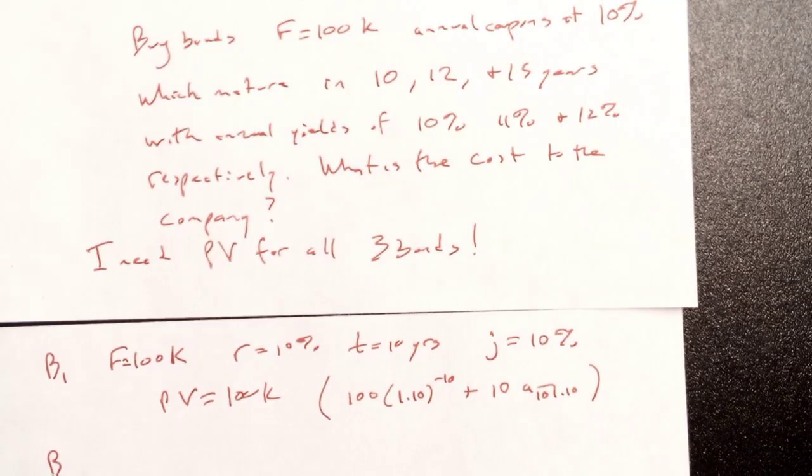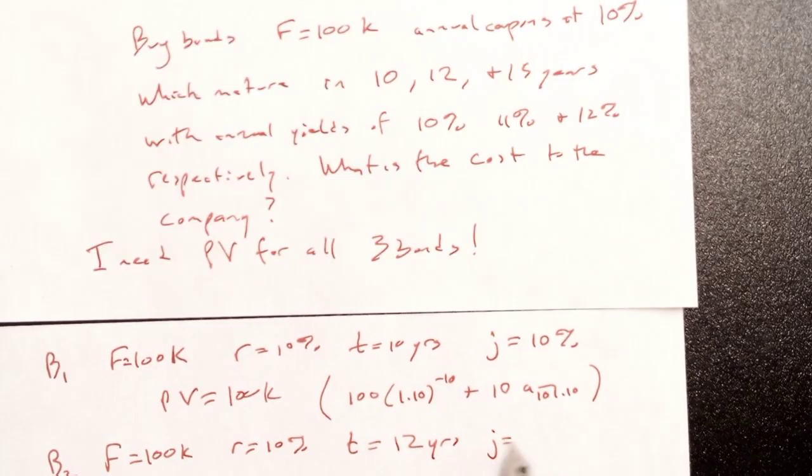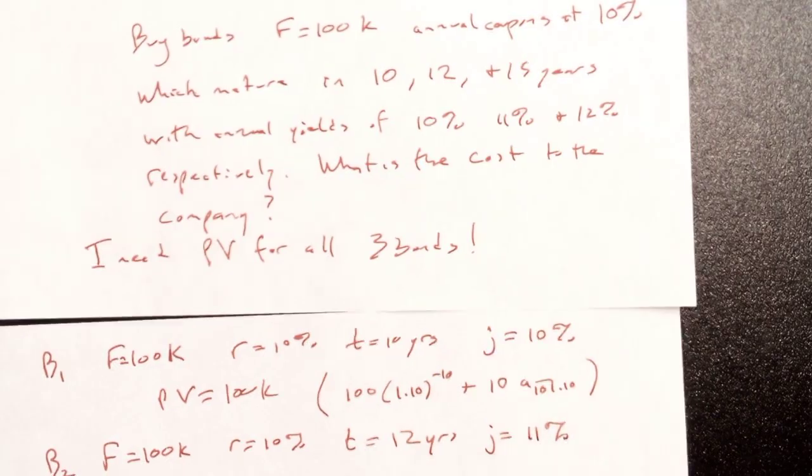Bond 2 has a face value of 100,000. It's got a coupon rate of 10%. It's got a term of 12 years. And it's got a yield of 11%.